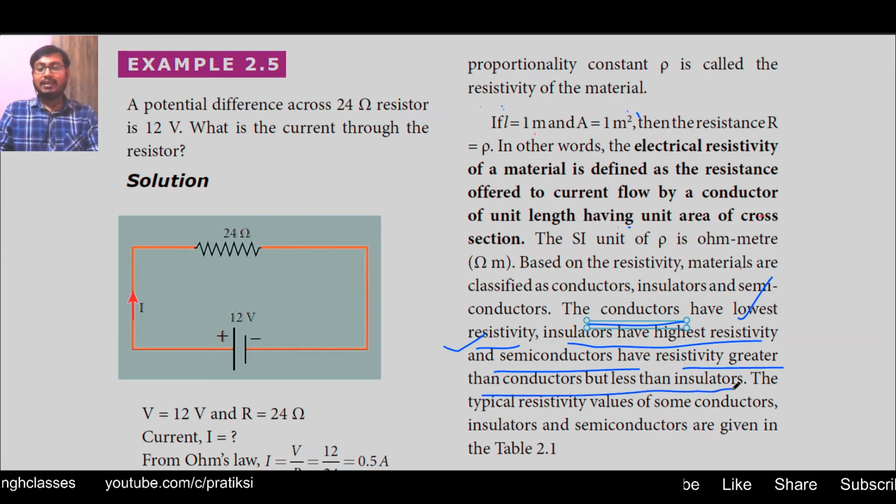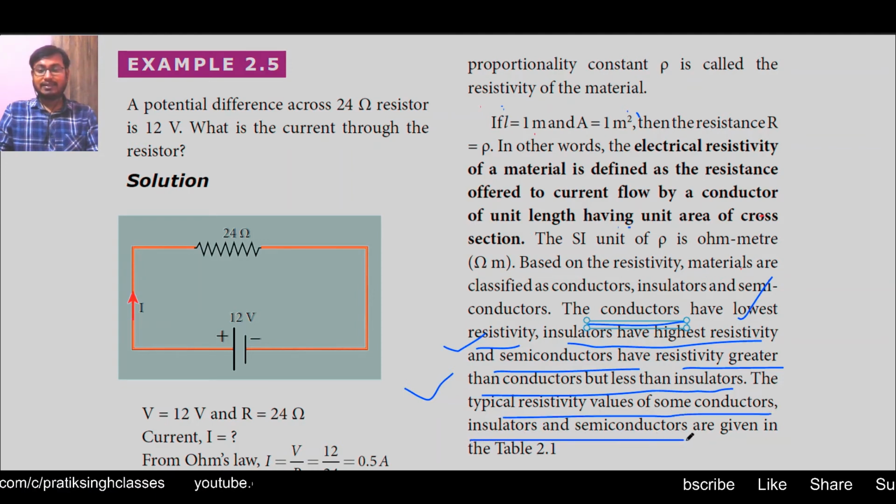That means they will allow current to pass through them, but less than conductors. The typical resistivity values of some conductors, insulators and semiconductors are given below in table 2.1. Always remember that if the resistance of a material is higher, its conductance will be lower, and vice versa.